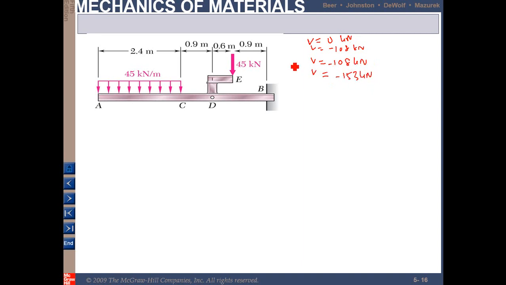So this is from A to C, and then this is C to D, and this is D to B.